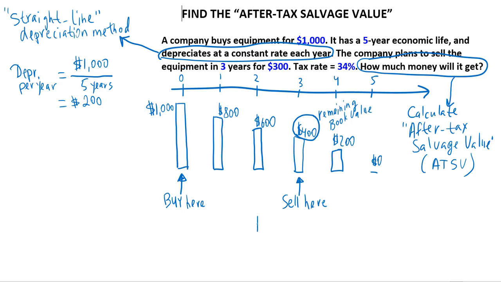So what's the formula? What's the after-tax salvage value? We take $300, the selling price, and in this case we are selling for less than it's actually worth. It's like we're selling at a loss. Another thing you can say here is, it's as if it's not really worth $400. Nobody wants to pay us $400. The best we can get is $300 if you sell it.